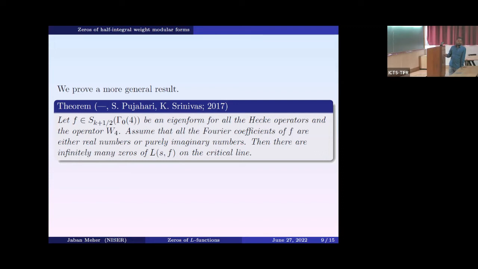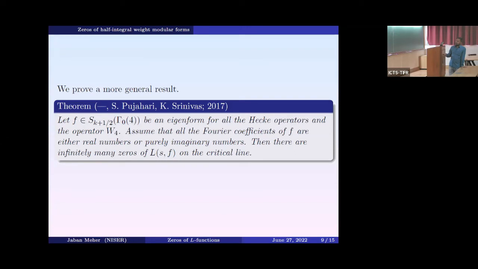If you look at the Riemann zeta function, zeta(s) is related to zeta(1 minus s). But if f|W4 is something different, then a similar idea cannot be used. That is why we have this condition.